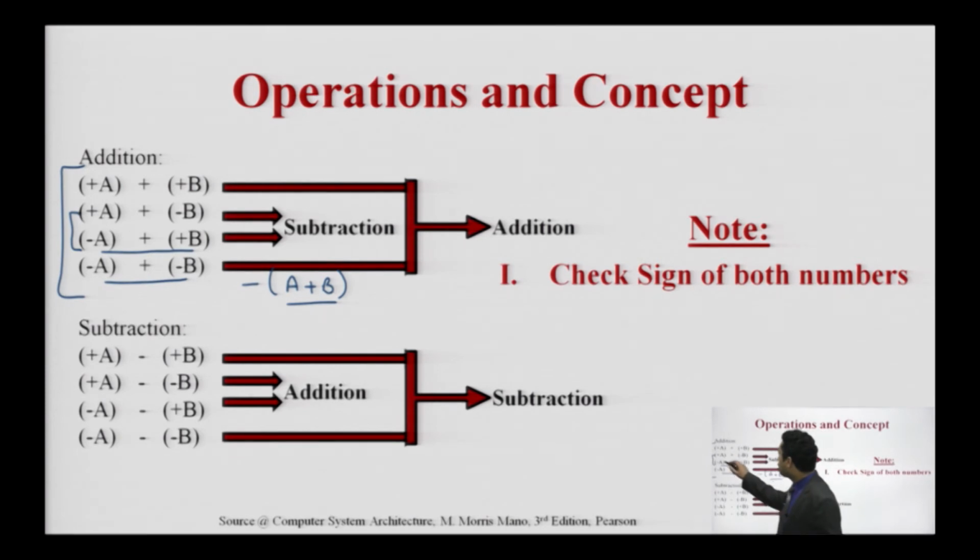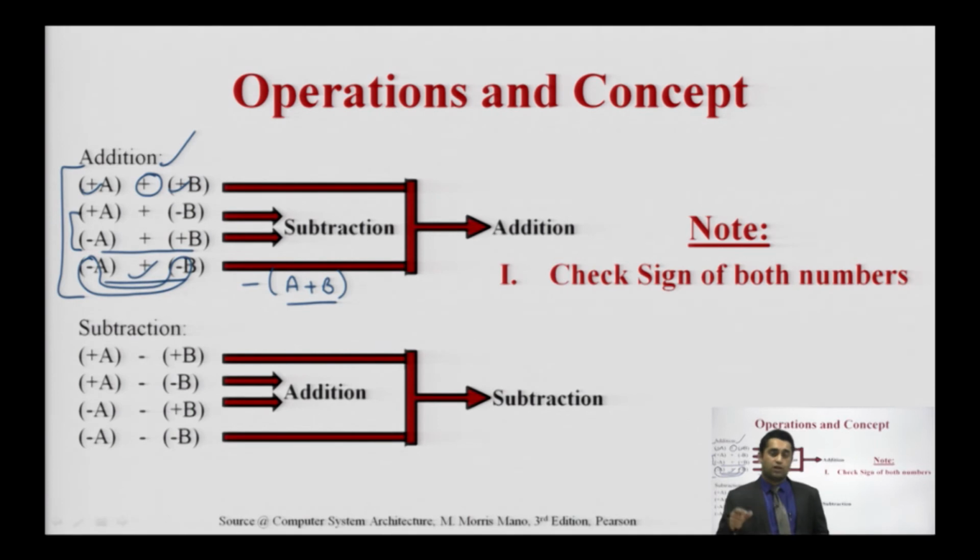If both signs are positive, then yes, addition is performed in case of addition, and if both signs are negative, we also perform the addition. But if either sign is changed, we check the condition using the XOR gate. In my previous lectures I always focused on the XOR gate. This is the important one, so we will see how it is implemented.